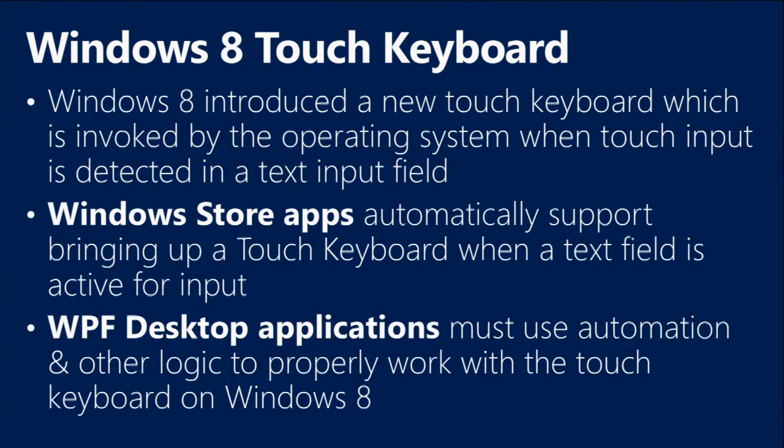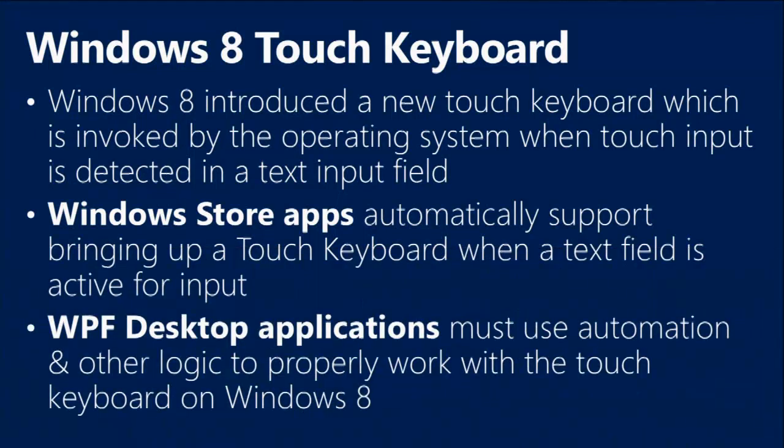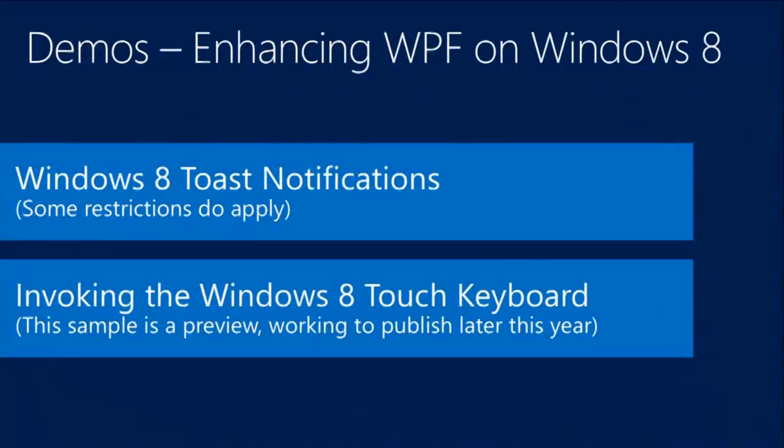Okay, and you'll be able to use that code in your apps if you want. So this is what I mean, that when you touch any input field, then the touch keyboard is going to appear, right? So I'm going to show you the demo about that.